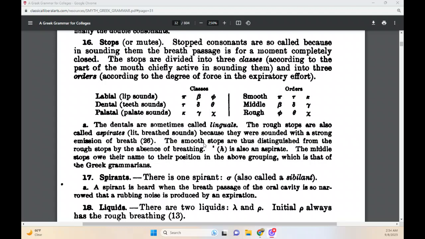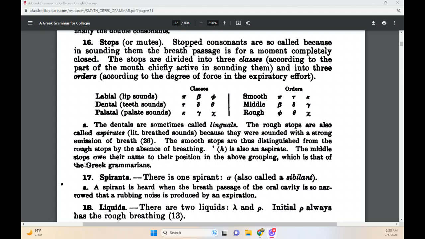The smooth stops, that is the basic stops, are thus distinguished from the rough stops by the absence of breathing. The rough breathing symbol here, which is transliterated with the English H, is also considered an aspirate, so it's almost like a consonant, that breathing symbol.